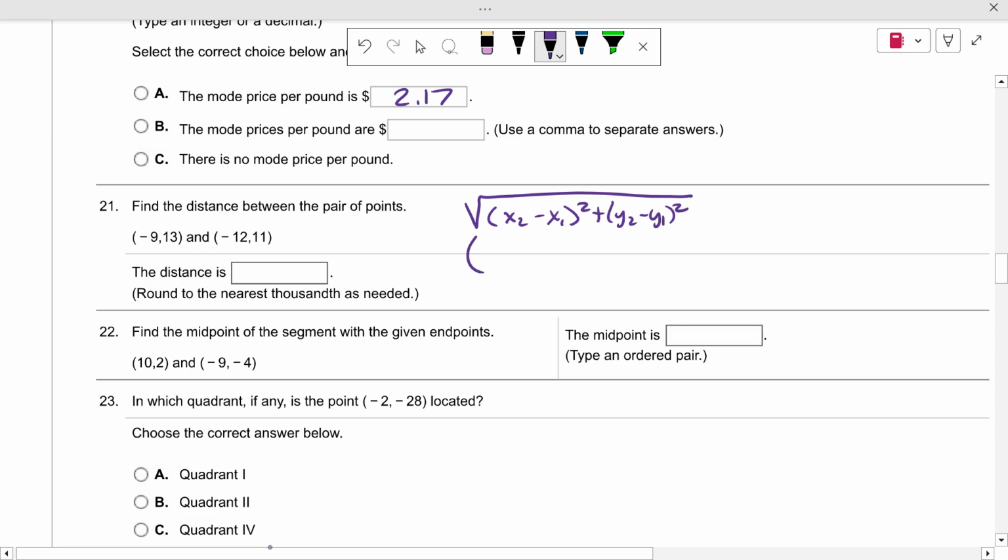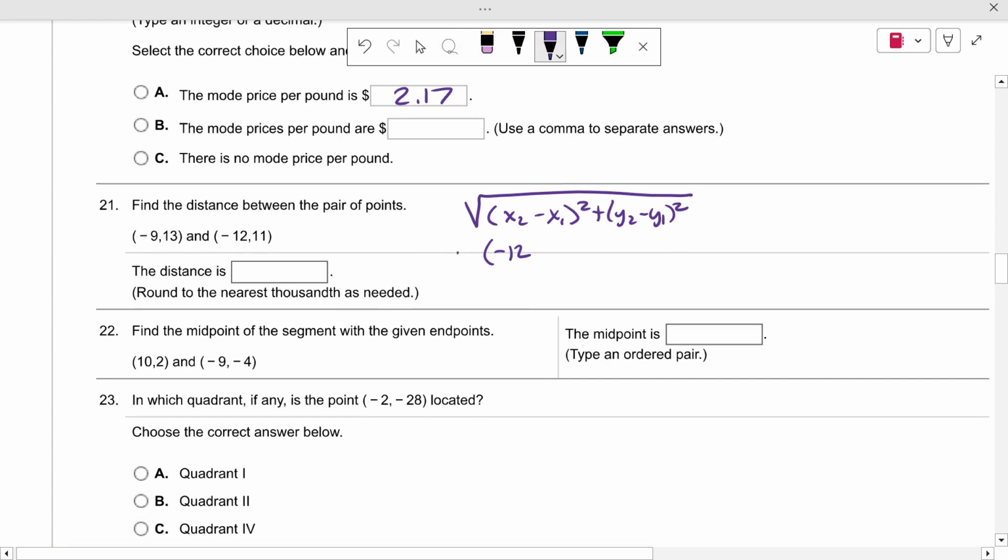So you go -12 minus -9 squared plus 11 minus 13 squared.